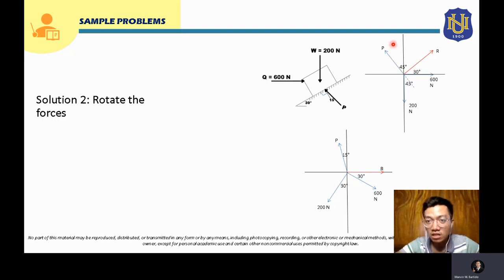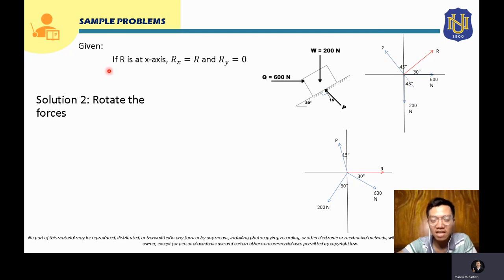So it will be 15 degrees here, and also your 600 Newton force here, it will be rotated 30 degrees. So it will become rotated here with a 30 degrees angle. So this will be the rotation, or the rotated forces. And from here, we can solve this in a much easier solution.